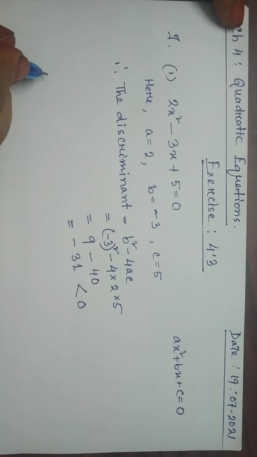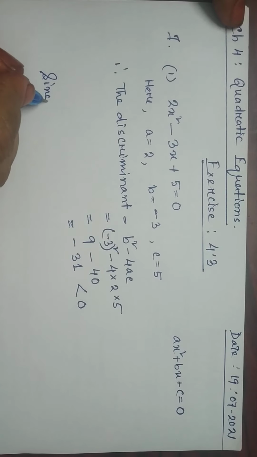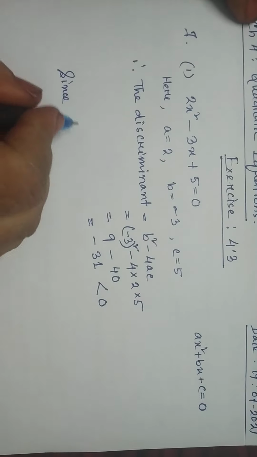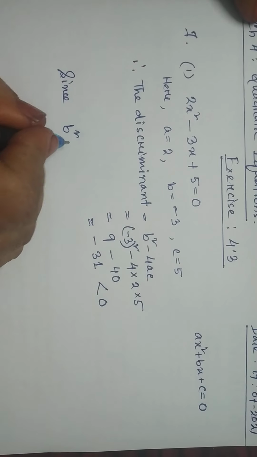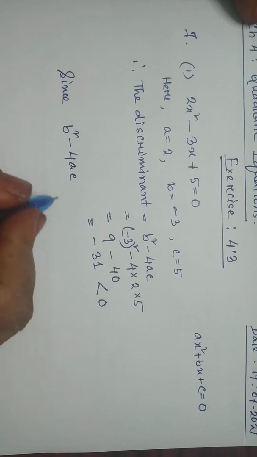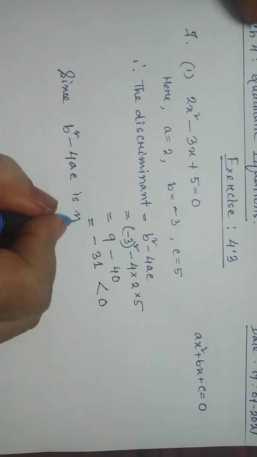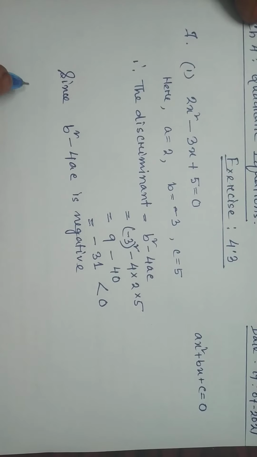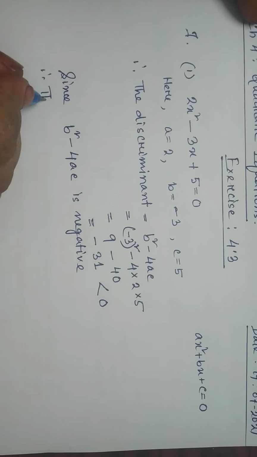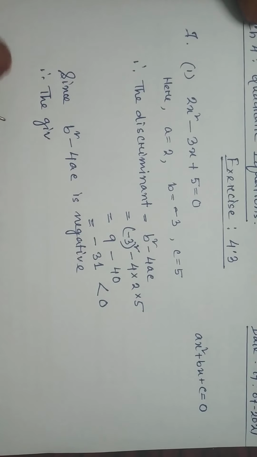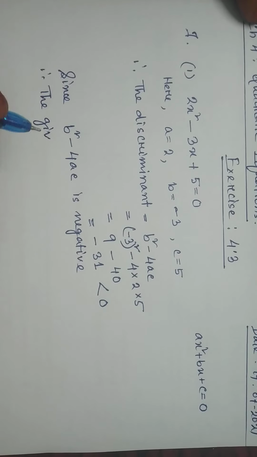Since b square minus 4ac is negative, we know that if the discriminant value is less than 0, there are no real roots.